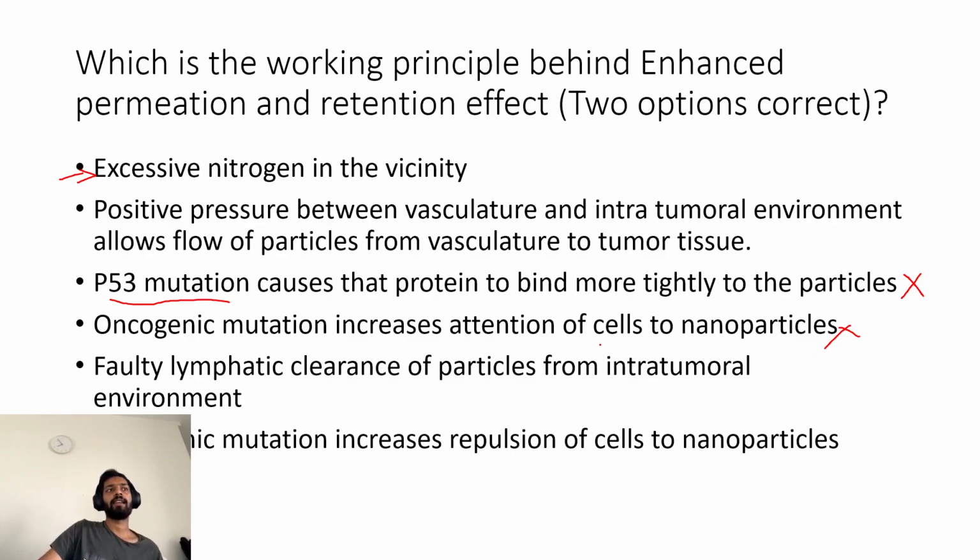Nanoparticles in no way can recognize any oncogenic mutation, so they have no way of perceiving if a cell has more mutations or less mutations. Oncogenic mutation increases repulsion of cells to nanoparticles, which is again not true. Nanoparticles cannot recognize mutations. So the answers are excessive positive pressure that causes leakage, or faulty lymphatic clearance of particles from intratumoral environment.